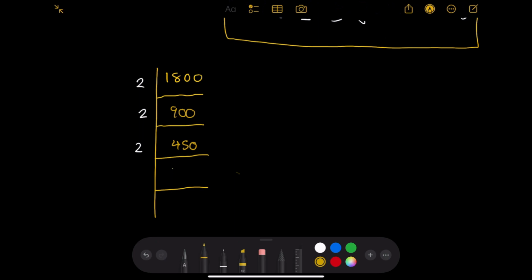It is 225. Then is 225 divisible by 2? The answer is no, right? So it leaves a remainder, so 2 is not a prime factor of 225.